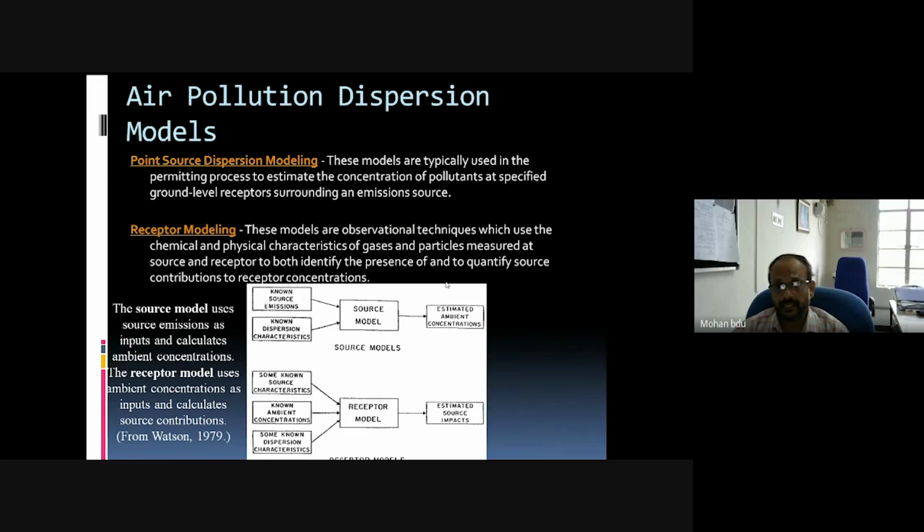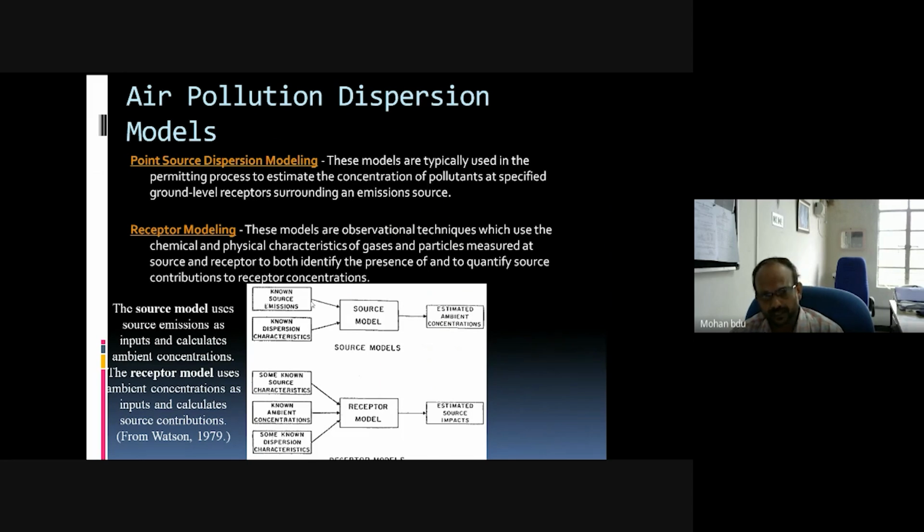So that is basically a Gaussian plume model, which will predict the concentrations from point source dispersion. These models are typically used in the permitting process to estimate the concentration of pollutant at a specified ground level receptor surrounding an emission source.